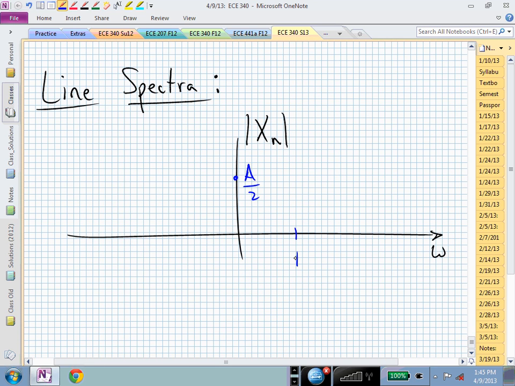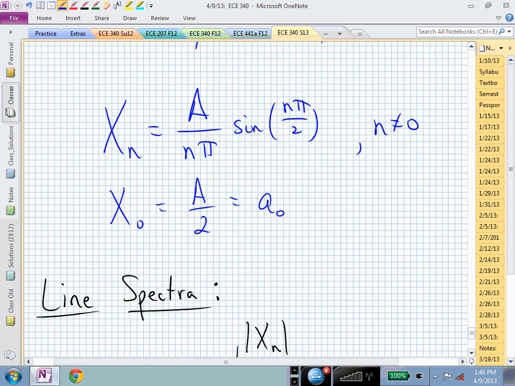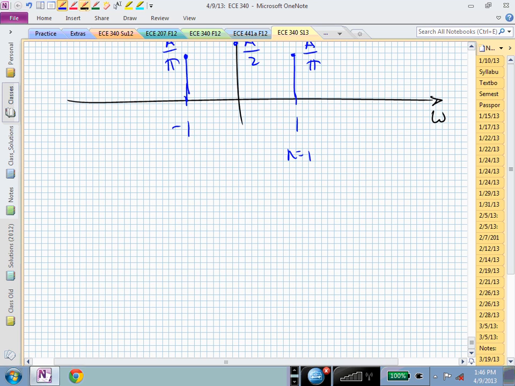So at 1 for n, we now have a over pi. And at minus 1, these are our harmonics, we also have a over pi. But now we have the potential of that being a complex number. In this case, it might be a negative. And so we can now find the phase of x sub n, and we would then have the angle of x sub n at these different frequencies.